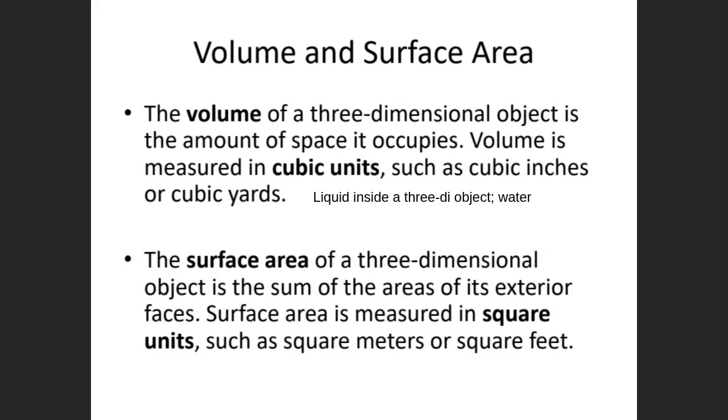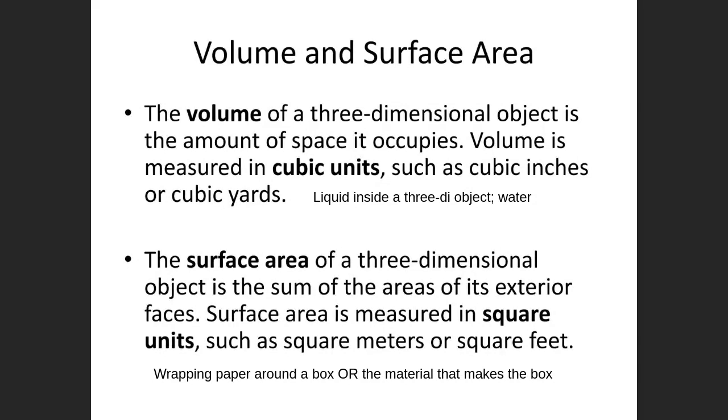Now, surface area is going to be the wrapping paper around a box, or the material that makes the box. Lateral is also another type of area, and you are going to be seeing that.